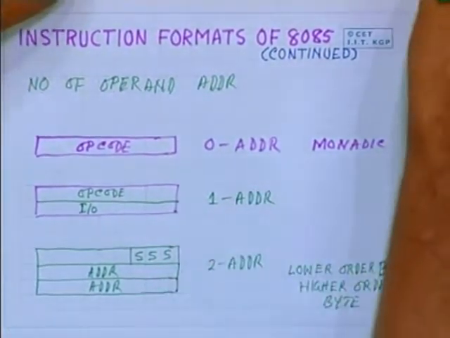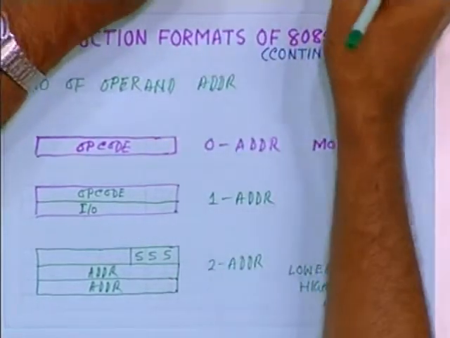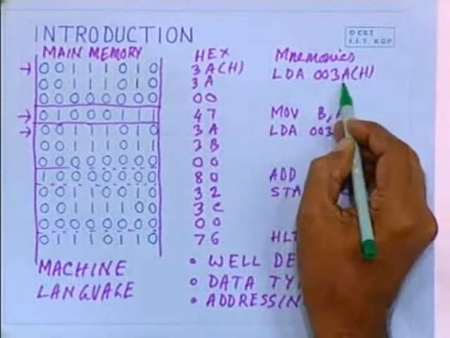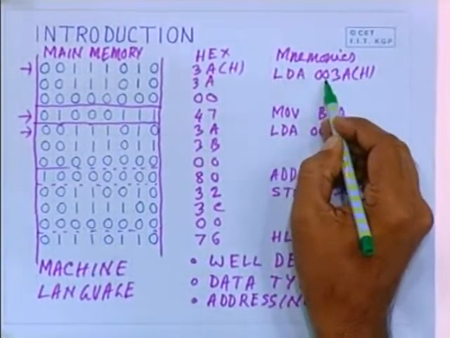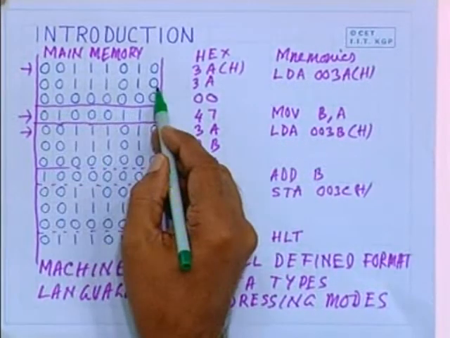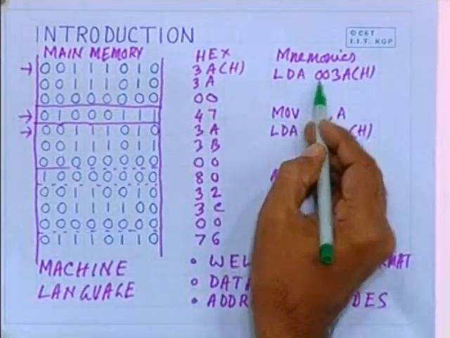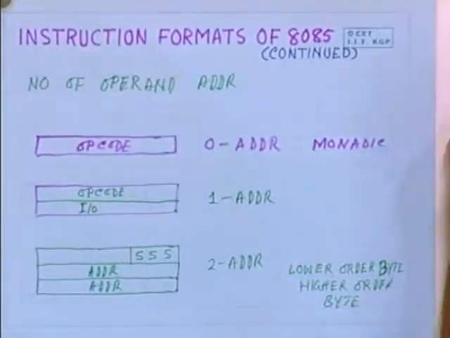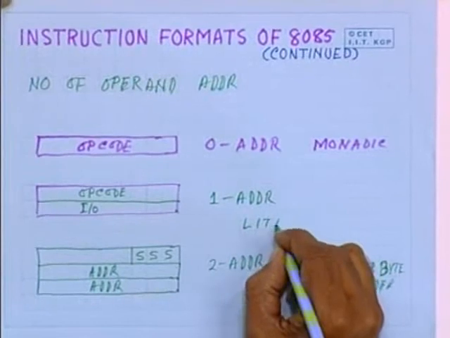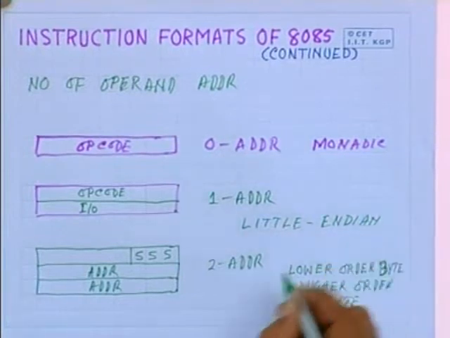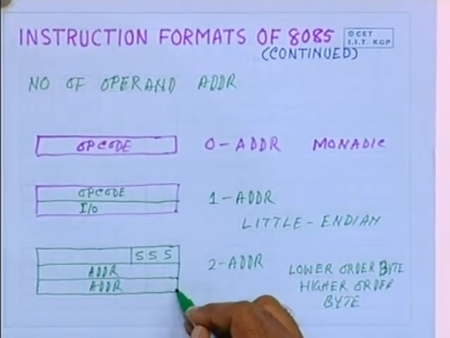For example, in this particular example, here is the address 003A. 00 is the higher order byte, 3A is the lower order byte. As you can see here, the 3A is stored first, in byte 2, and 00 is stored in byte 3. This is the little endian convention, as I said. In this, the lower order byte is specified first, followed by the higher order byte.